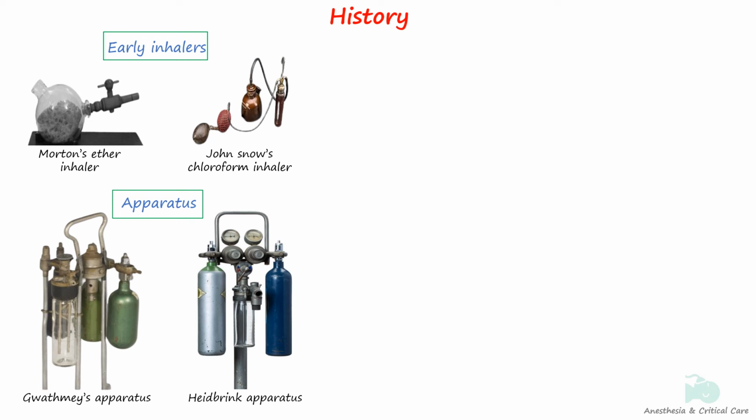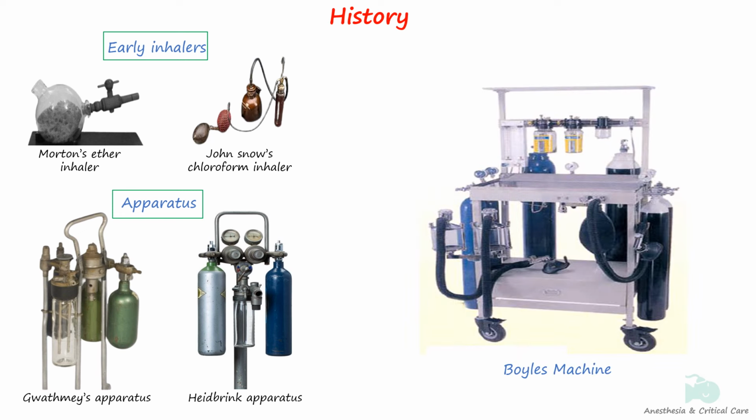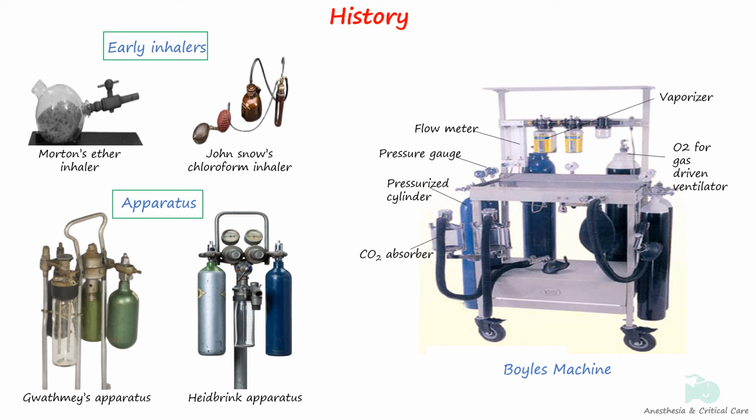Later modifications to these apparatuses led to the invention of a well-known machine called Boyle's machine, which was invented by Henry Edmund Gaskin Boyle in 1917. It incorporated most elements present in modern machines, such as high-pressure gas supplies, pressure gauges with reducing valves, flow meters, metal or glass vaporizer bottles, gas-driven ventilator, carbon dioxide absorber, and a breathing system.